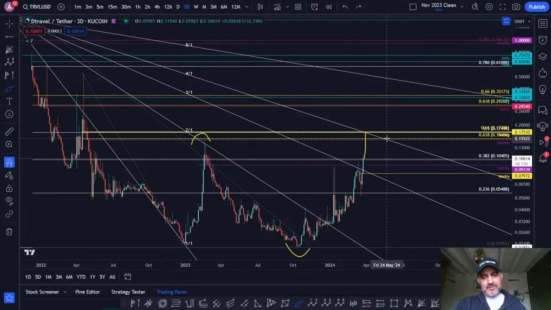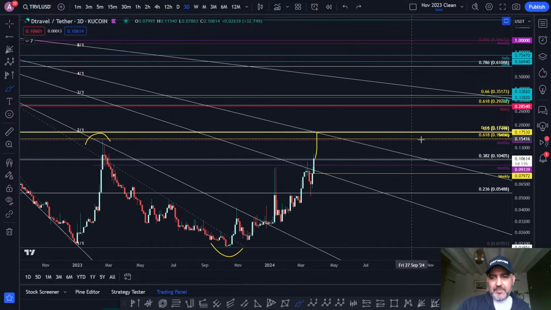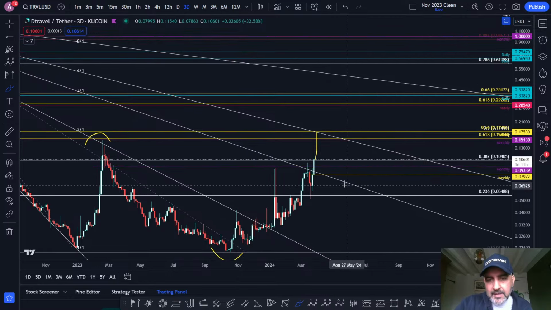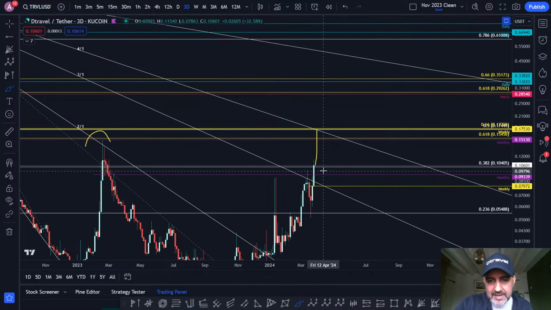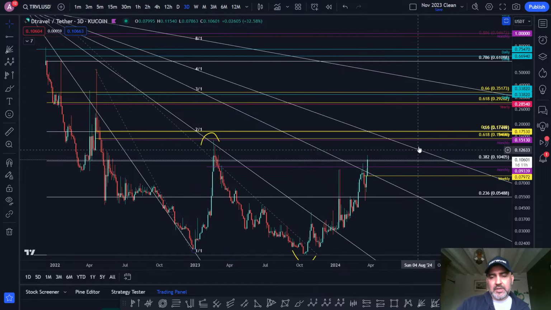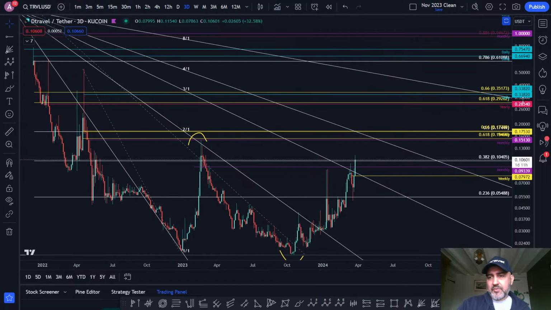You just can't ignore it, especially when you're dealing with a higher time frame fib line, which is not even fib, it's just a 50% mark. And so far all of these levels have reacted, whether they've been front run or not. So there's no reason to think it won't react, and the GAN has been reacting too.